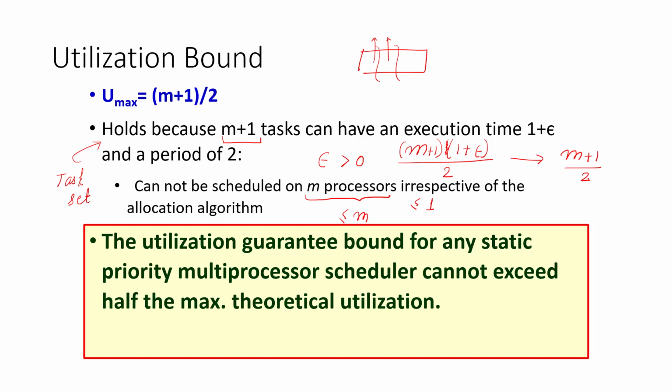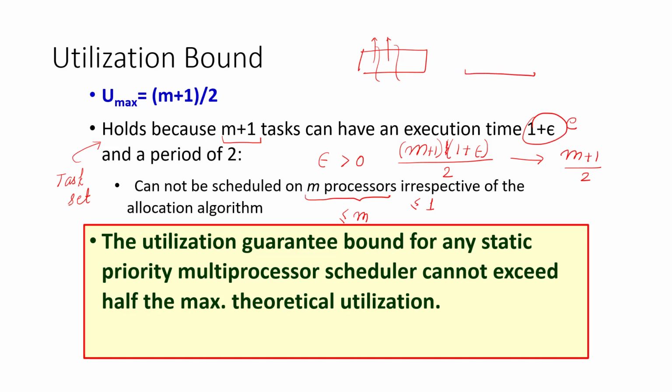Interestingly, it turns out that even at a 50% level, which is way lower than what RMS gives us with infinite tasks in a uniprocessor system, which is 69%, even here this simple system of M plus 1 tasks with execution time 1 plus epsilon is not schedulable.